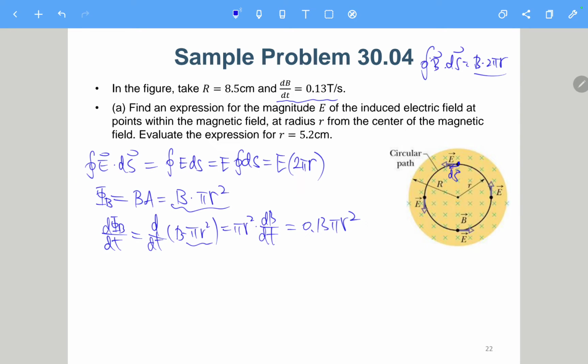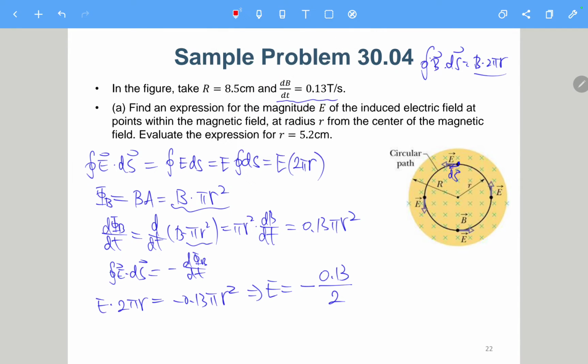So in that case, we have the integration of E dot ds equals negative d phi B dt. So we have E times 2 pi r equals negative 0.13 pi r squared, which means that E equals negative 0.13 over 2.